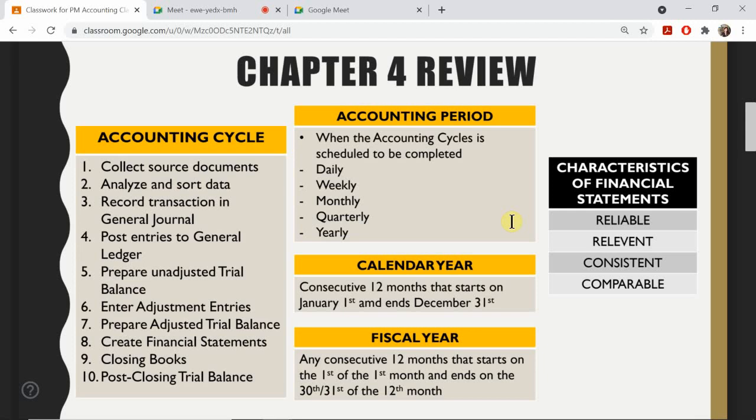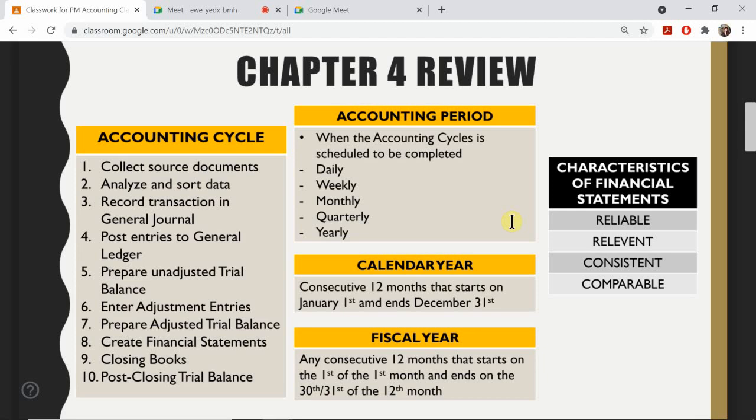Once we reach the fictitious business, that's where we'll start diving into the rest of the accounting cycle, steps 4 through 10. So like I've mentioned before, you only need to know what the steps are and what order they belong in.